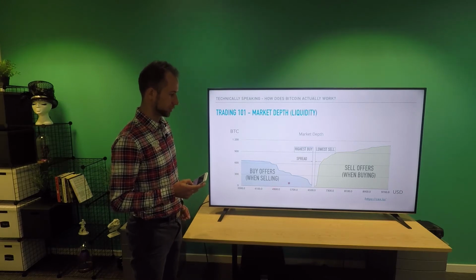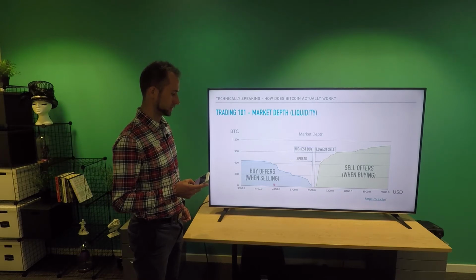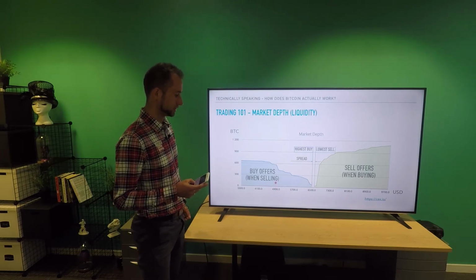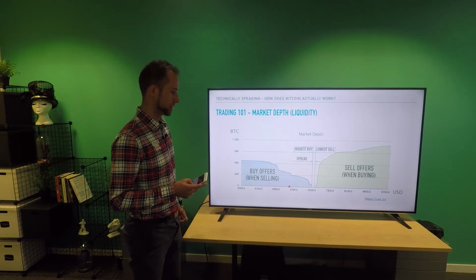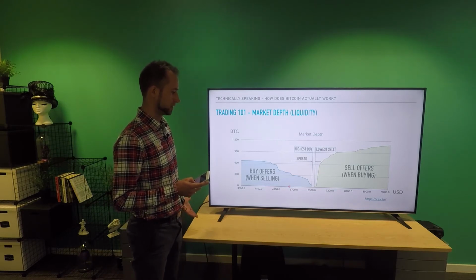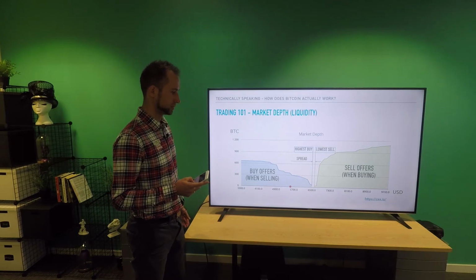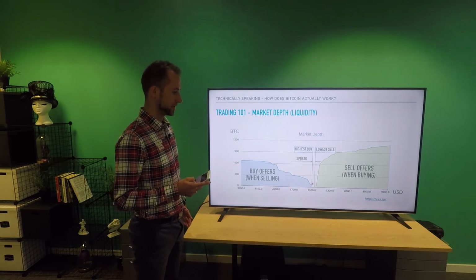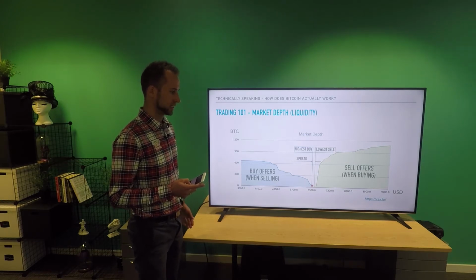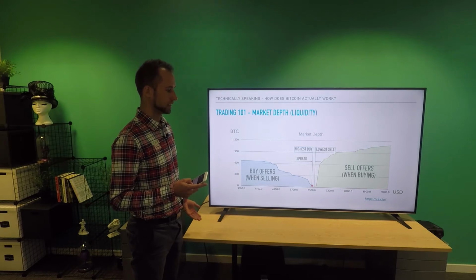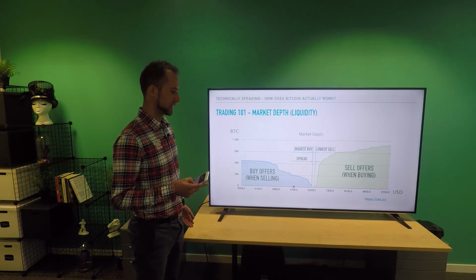So your first Bitcoin that you will sell will be $6,500, but your last Bitcoin that you will sell will be $4,900. That's something to be aware of, because your average sale is going to be somewhere about here, $5,500. So that's $1,000 less than the current price. If you just multiplied your number of Bitcoins that you want to sell times the current price, you'd be bitterly disappointed that you ended up selling $1,000 less.